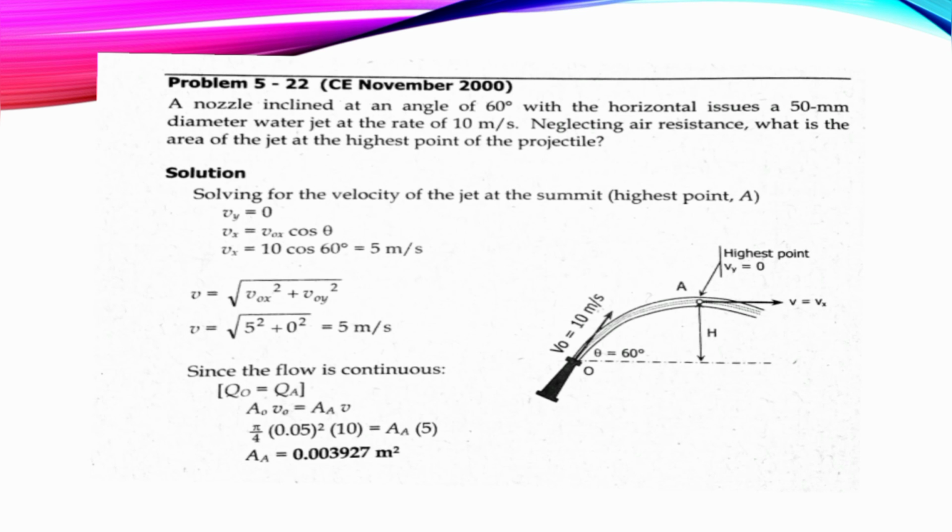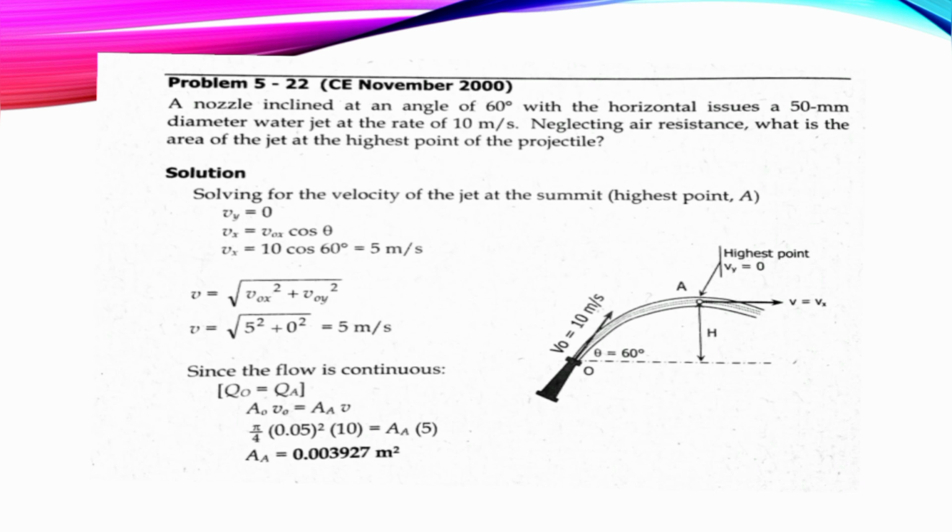The Vy will be equals to 0 and the Vx will be equals to V sub Ox, cosine theta. V sub Ox is the x component of the given velocity, which is Vo equals to 10 meters per second. Then Vx will be equals to 10 cosine 60 degrees and equals to 5 meters per second.